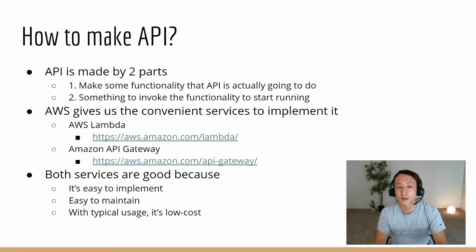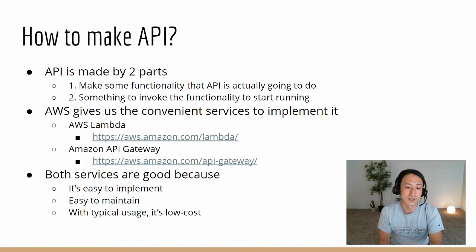The second component is that we have to make something to invoke that functionality to do the job in the program. To make this happen, we are going to use AWS, Amazon Web Services, because AWS has very convenient services to implement this API.